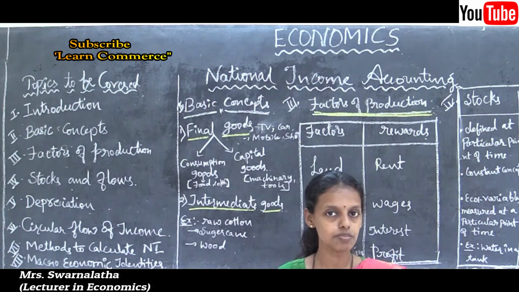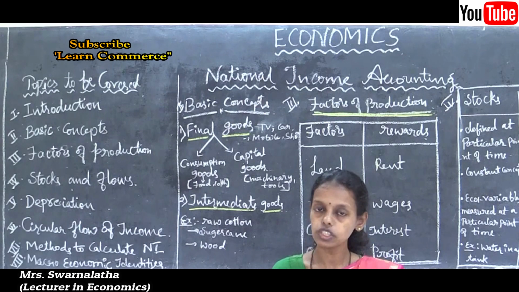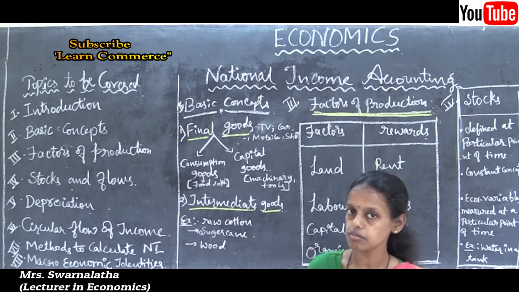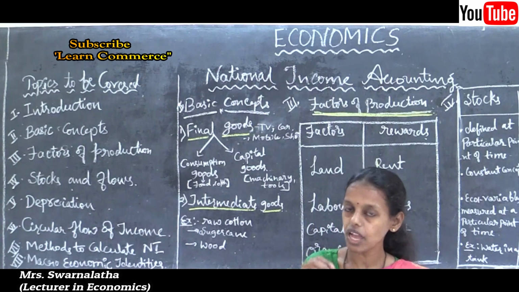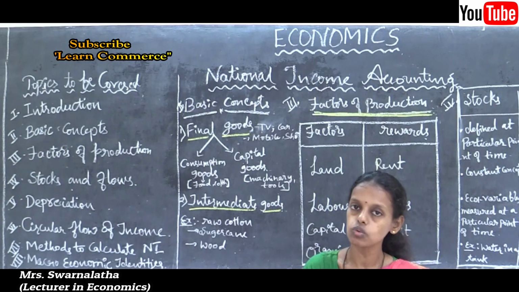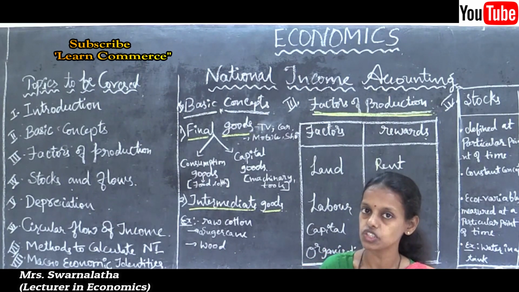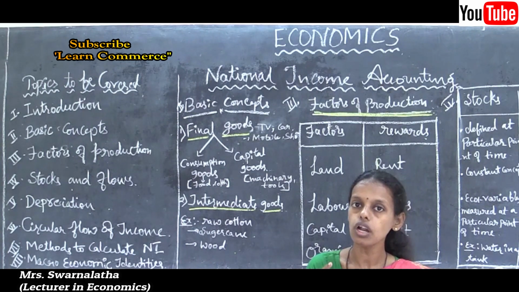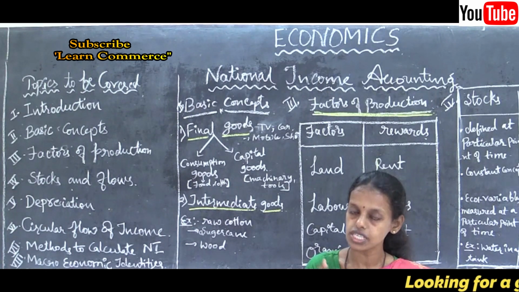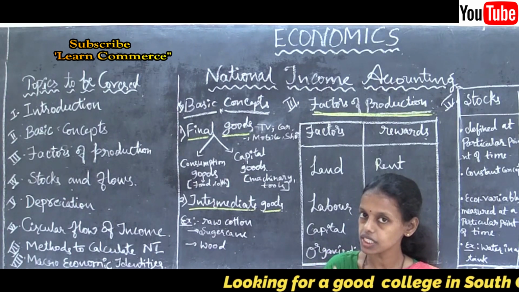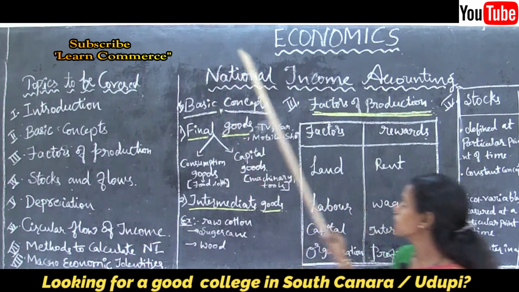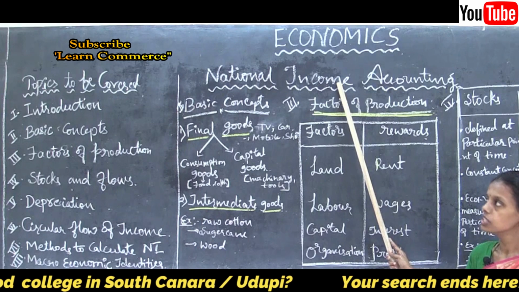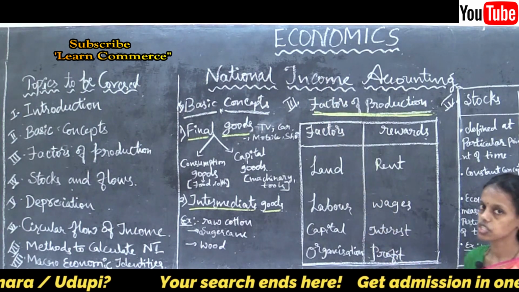But according to economics, national income means the money value of all the final goods and services produced in a country in an accounting year. The money value of all final goods produced in a country in an accounting year is said to be the national income.